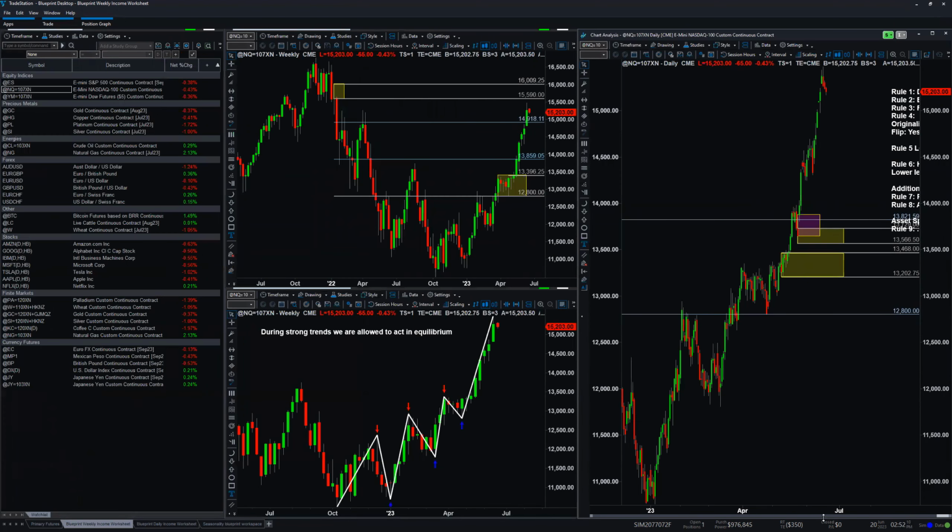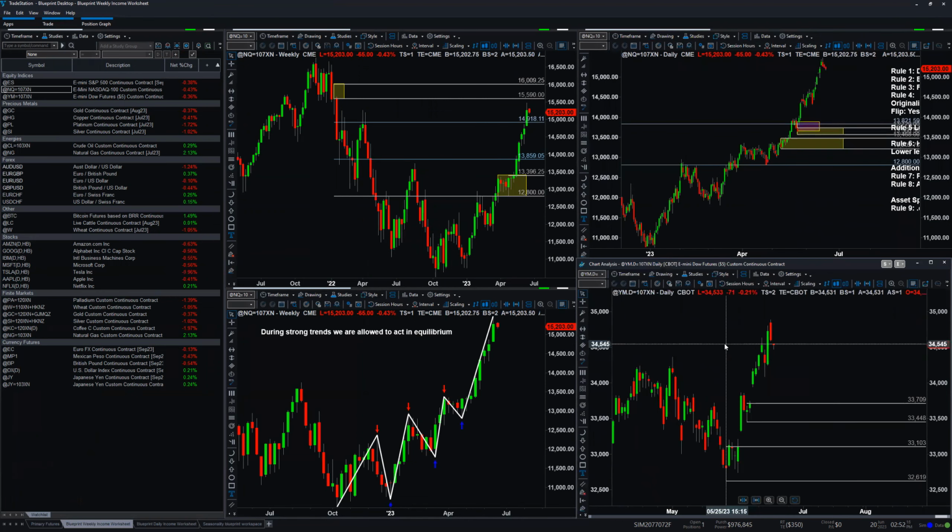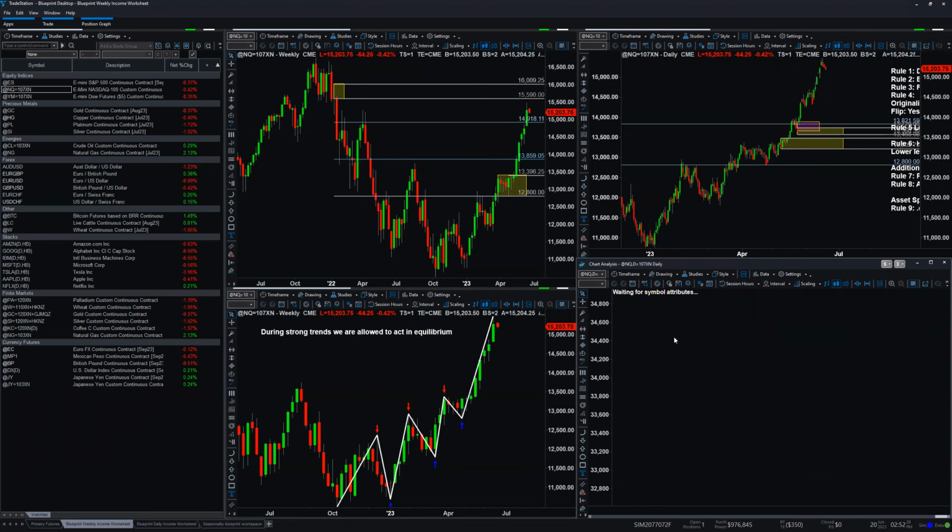So for the .D coverage, I'm going into this right here, and I'm going to put in here. What you can do is you can just change, add NQ. Everything else stays the same. So add NQ.D equals 107xn.